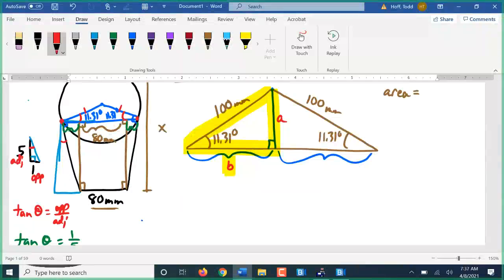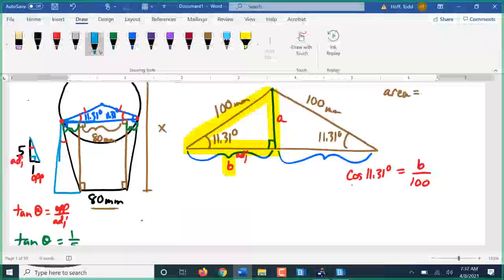Find dimension B. B would be the adjacent side, so that would be a cosine. Cosine of 11.31 degrees equals the adjacent side B over the hypotenuse of 100. Let's make that into a proportion by putting it over 1, and we'll cross multiply and divide.